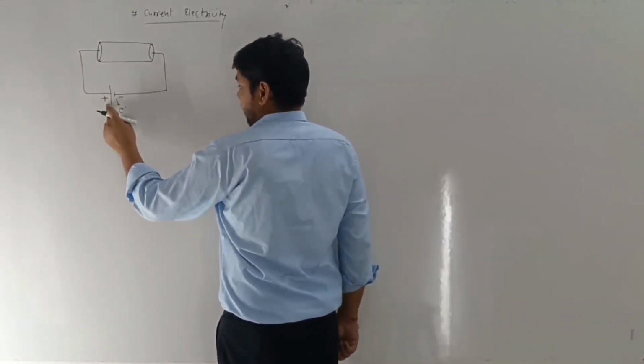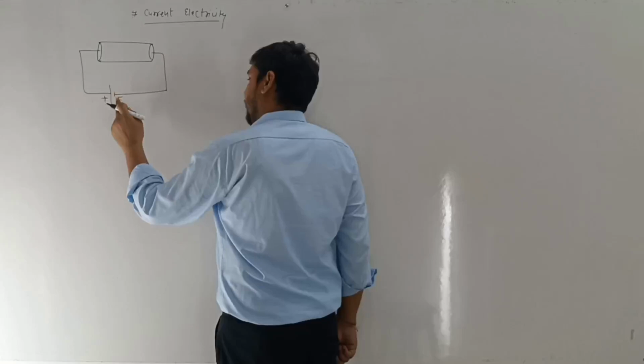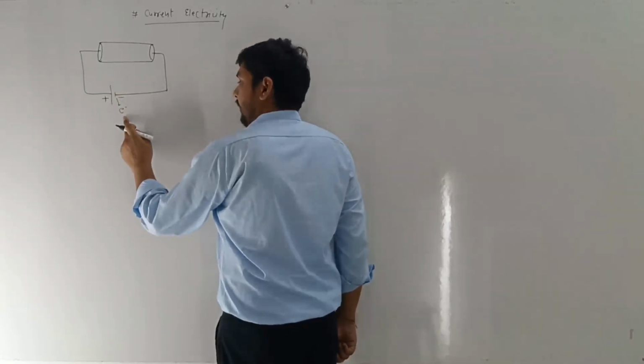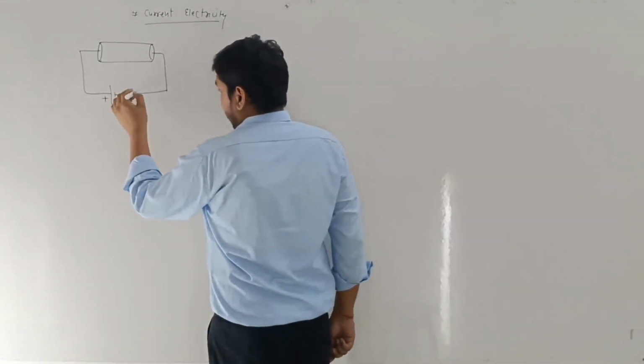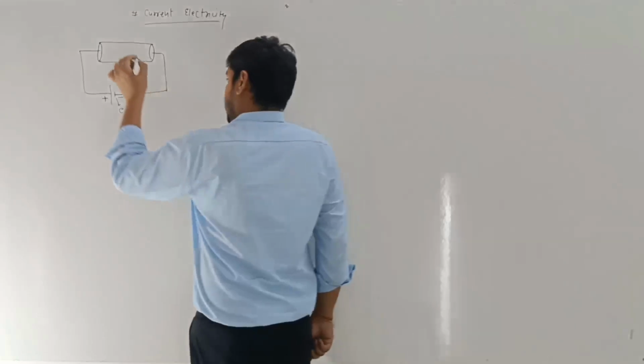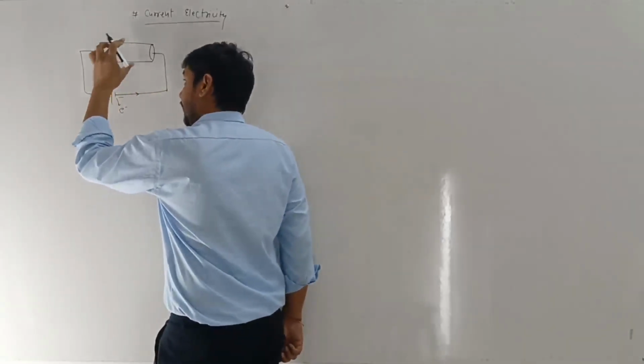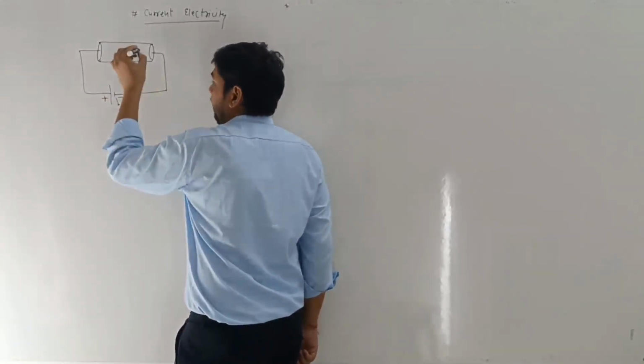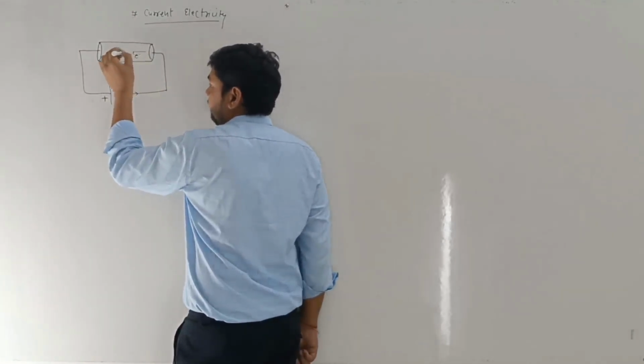The positive terminal attracts electrons. The direction of flow of electrons is from negative to positive. Here, in the conductor, the electrons flow in this direction.